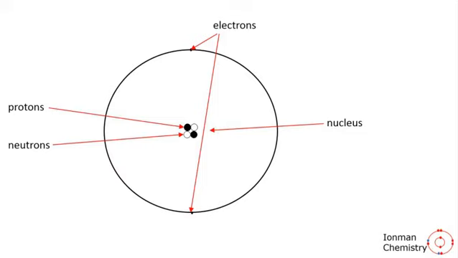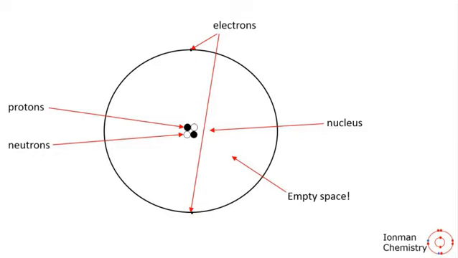If the atom is 4 trillion times bigger than the nucleus, which it is, and if the only other thing in the atom is the electrons, then what is the rest of the atom made up of? Well, it's empty space. All this bit here of the atom is empty space. Now this drawing isn't a scale model. The nucleus is much smaller than the rest of the atom, but you wouldn't be able to see it to scale if I showed it in this video.